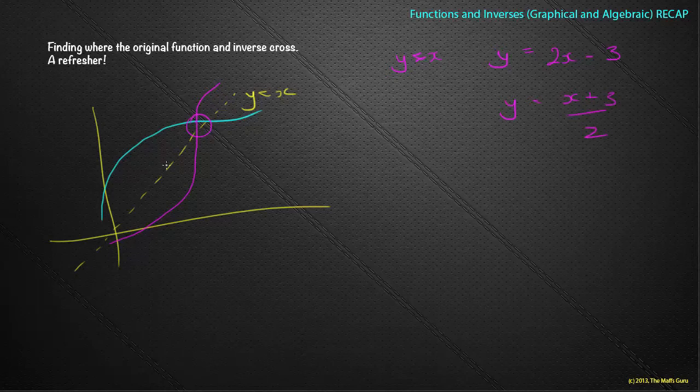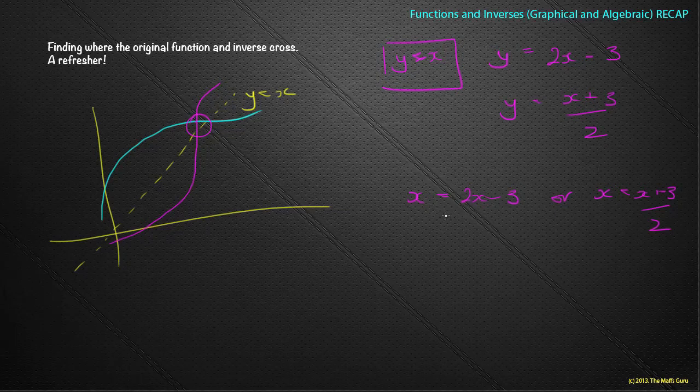Well, at this one point where they cross, at their inverses where they meet, if I know that y is equal to x at exactly the same point they cross, well, that now becomes a trivial example. So I can let x equals 2x minus 3, or I can let x equals (x plus 3) over 2. I can equate either my original equation or my inverse to just x.